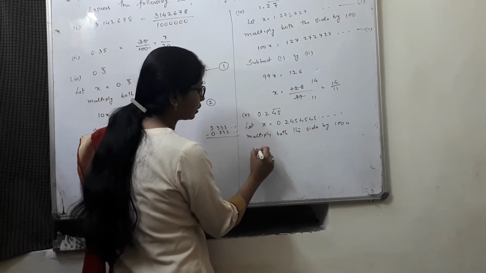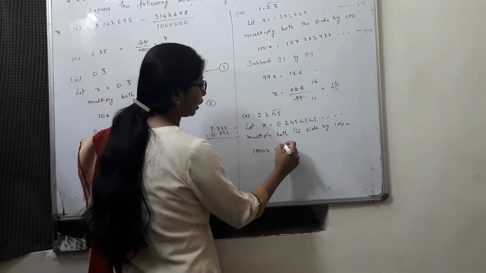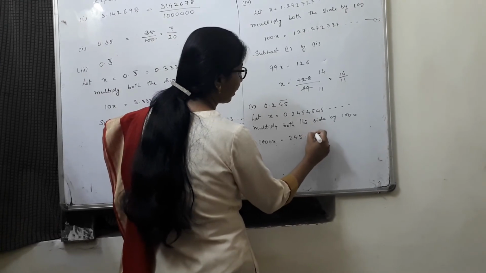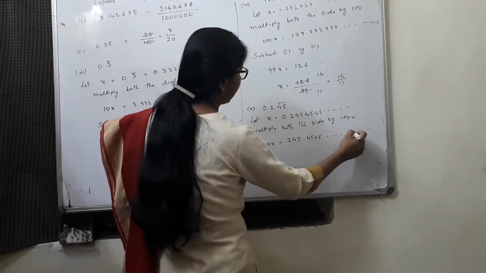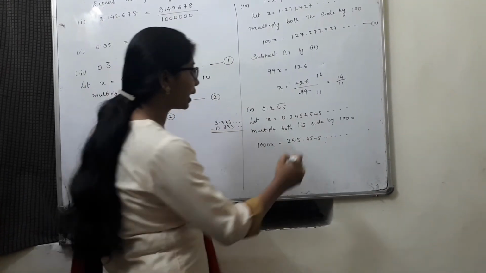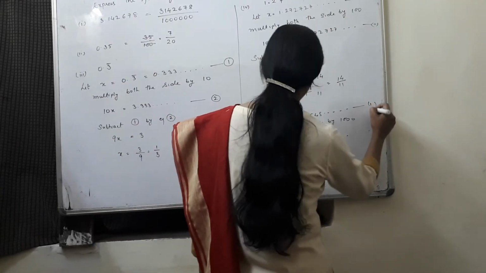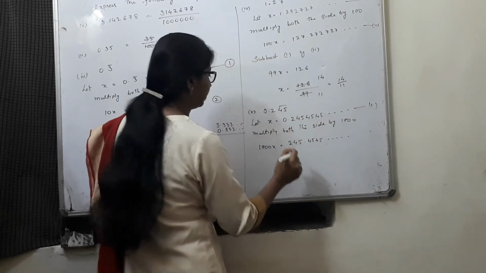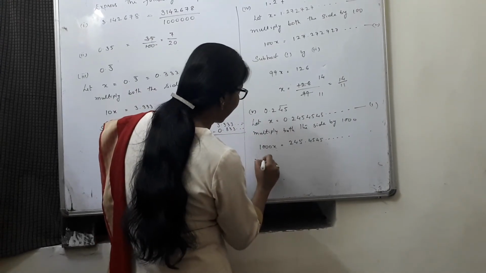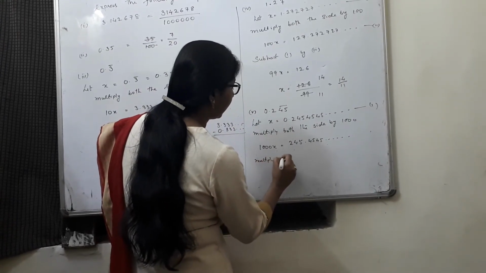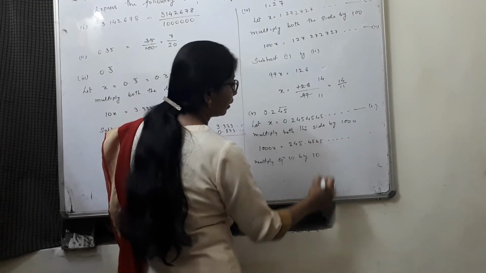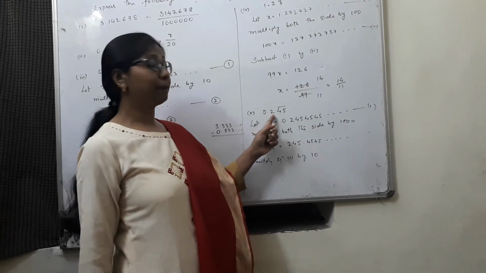So this gives you 1000x equals 245.4545, and so on. Now multiply equation number 1 by 10, the non-repeating digit.